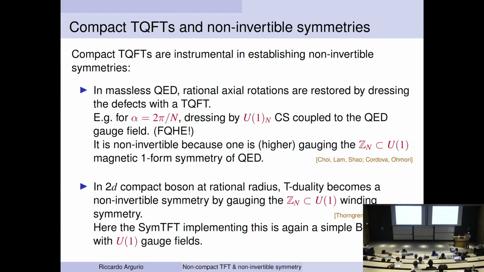Essentially, if R squared is n, then you gauge, and then you do a T-duality and you go back to the same radius, so this becomes a symmetry. But because the symmetry involves a gauging, again it's a non-invertible symmetry. And in this case, this symmetry can be nicely encoded in the symmetry TFT, which again is going to be a compact TQFT, in this case a BF theory.